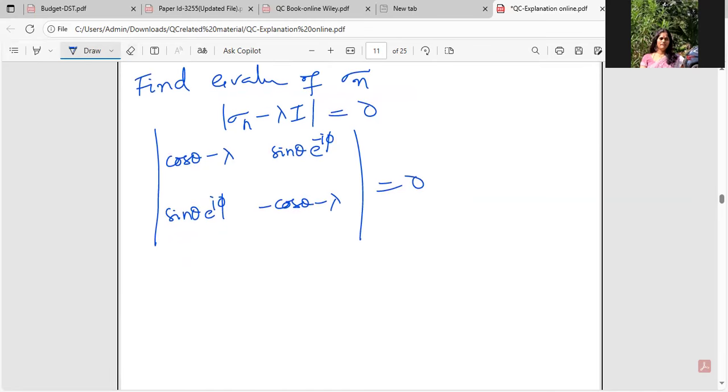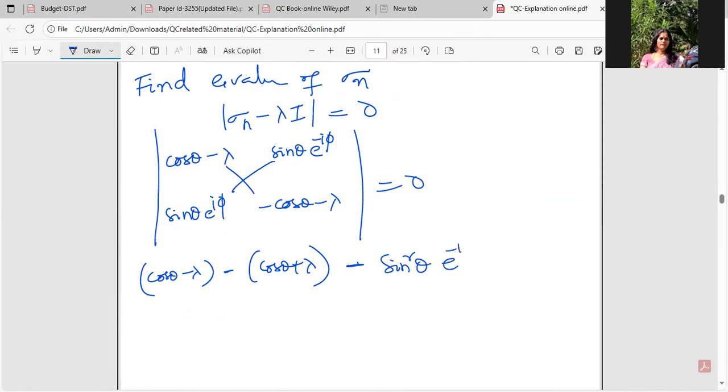Right. So let's take, I have cos theta minus lambda into, if I take out minus common, cos theta plus lambda. Okay. Minus AD minus BC. So sine squared is anyways visible. Sine squared theta, e power minus i phi into e power i phi.